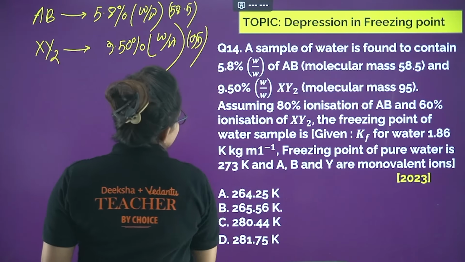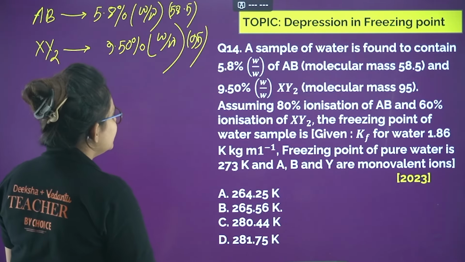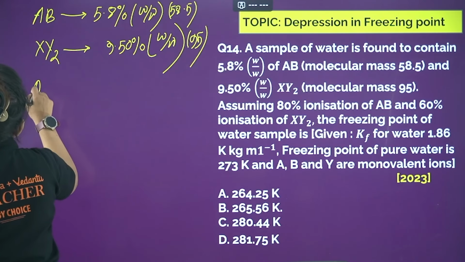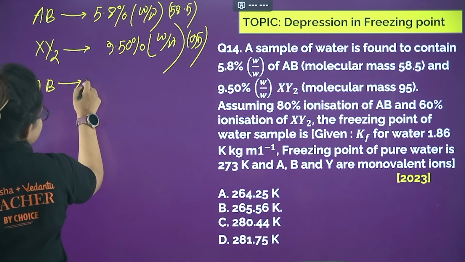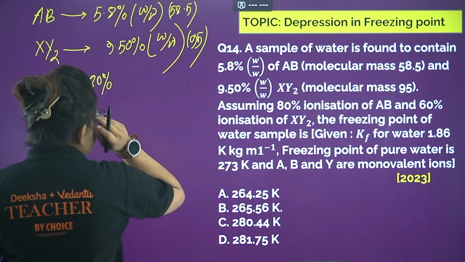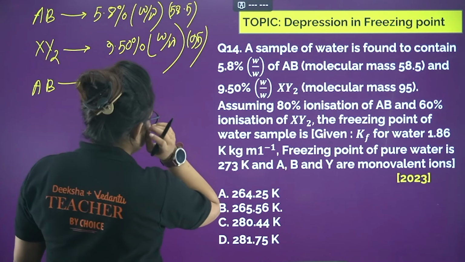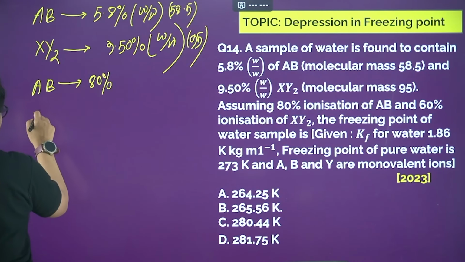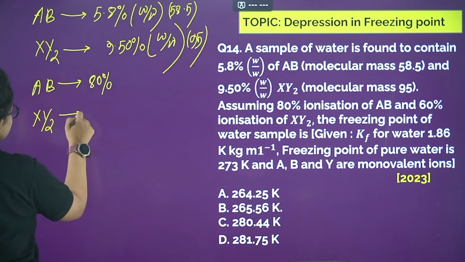Okay. Now what they are saying, that assuming 80% ionization of AB, so for AB the ionization is 80%, and 60% ionization for XY2. For XY2 I am having 60%.